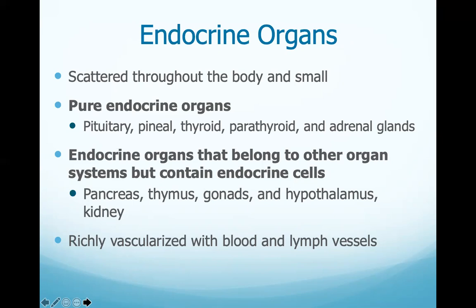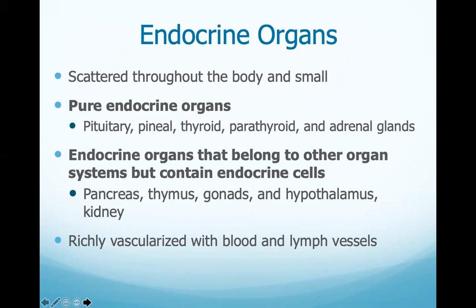These include your pancreas, which belongs to your digestive system, thymus, which belongs to your lymphatic system, gonads belonging to your reproductive system, hypothalamus, part of your nervous system, and kidneys, part of your renal system. So do keep in mind that even though they are all categorized as endocrine organs and are releasing hormones, they don't all belong to the same larger category.